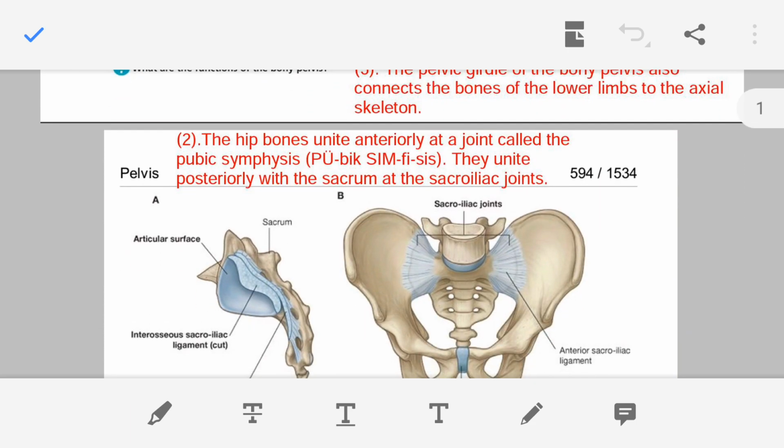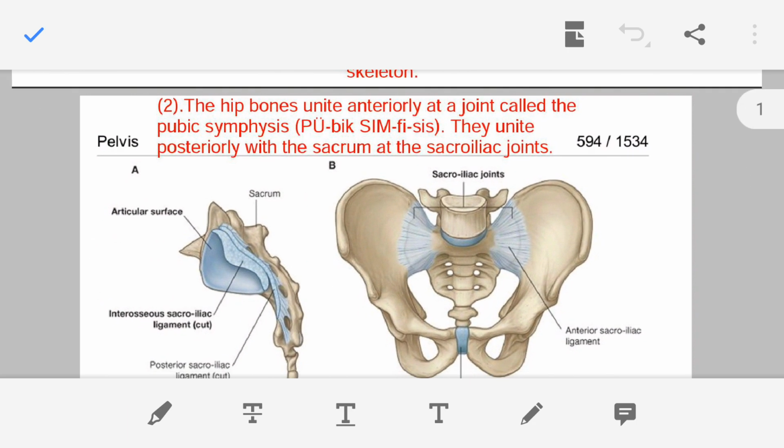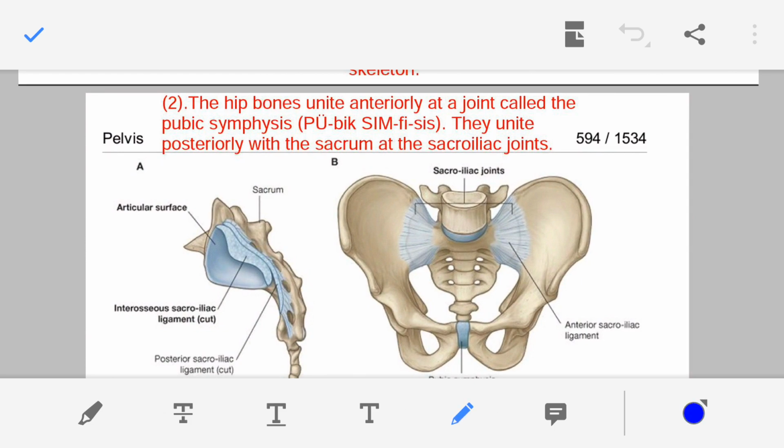Now moving on, this is the second point of our discussion. Now these two hip bones join anteriorly, and the joint which is formed anteriorly is known as, here also we are not pronouncing this as pubis symphysis, actually it is pubic symphysis.